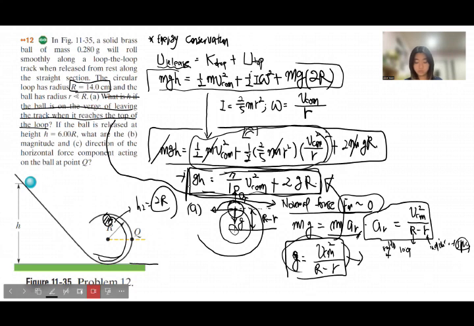In the case where this straight section is 6 times the radius of this circular loop, we have to find the force, the horizontal force component acting on the ball at point Q. It's not the top, actually, it's the middle of the circular track. So you can find the outward acceleration force with the gravitational force too.